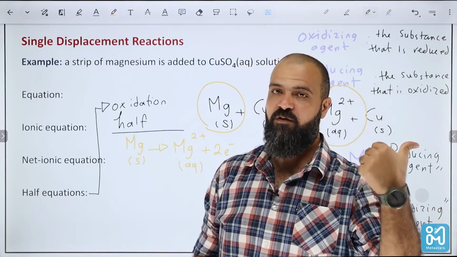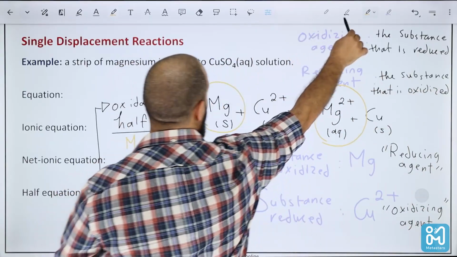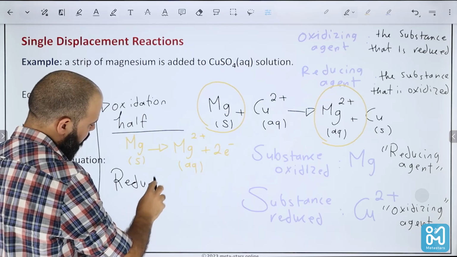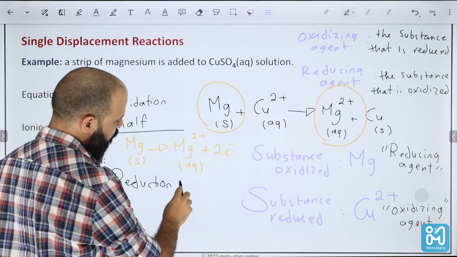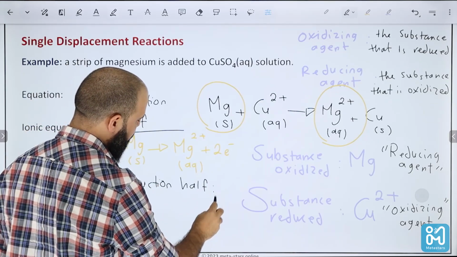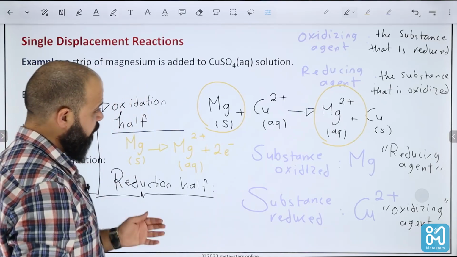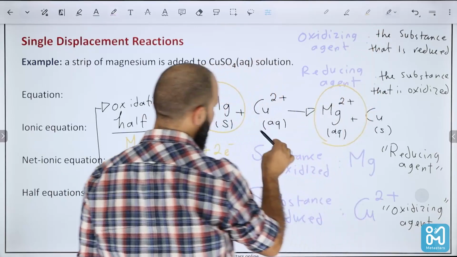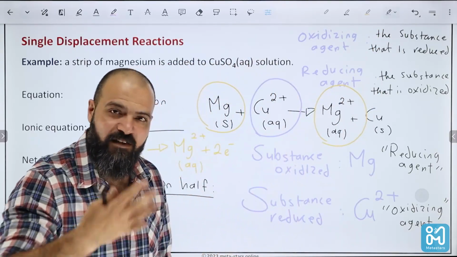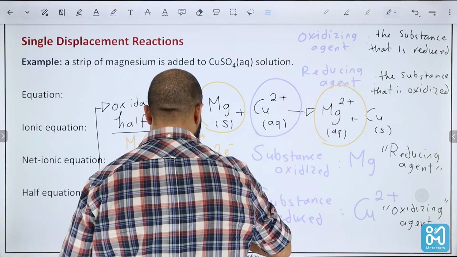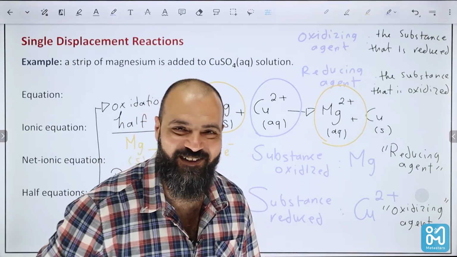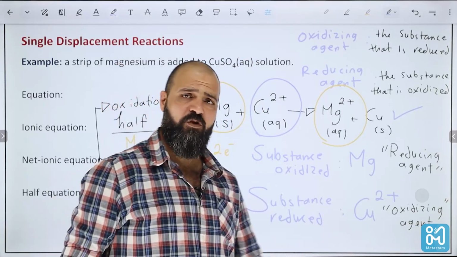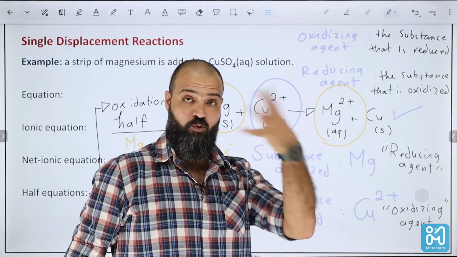Now the reduction half. We know what to do. It's easy. In the reduction half, copper ions gain 2 electrons and they become copper metal by itself, Cu solid, by gaining 2 electrons.